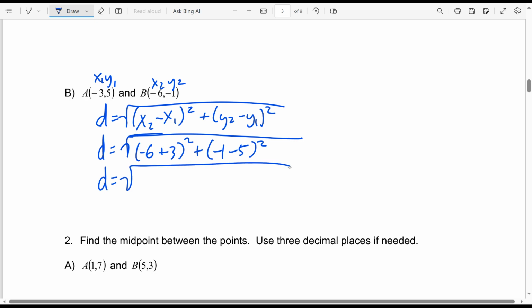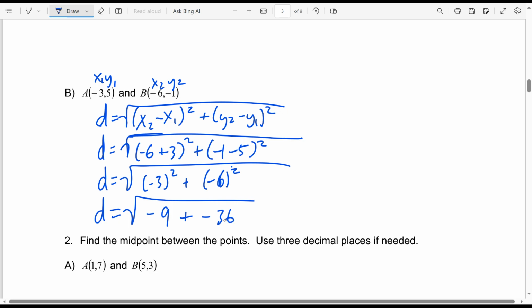Here's the second place you're going to make a mistake, after you've input everything in, and I've got negative 3 squared plus negative 6 squared. Where you're going to make your mistake is getting negative 9 plus negative 36. If I square something, the negatives disappear.